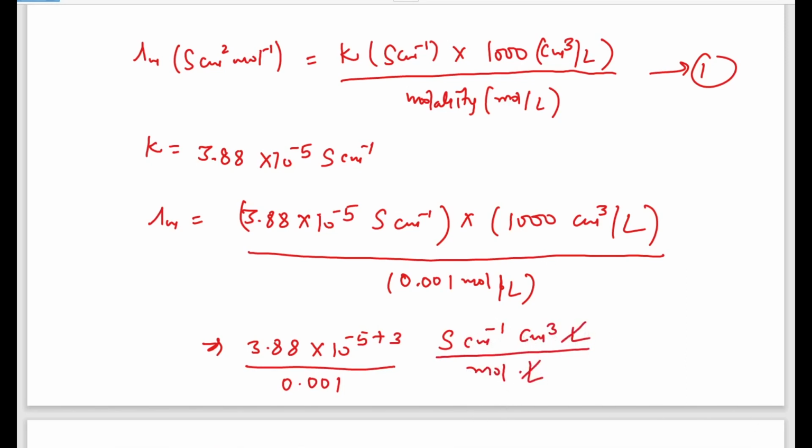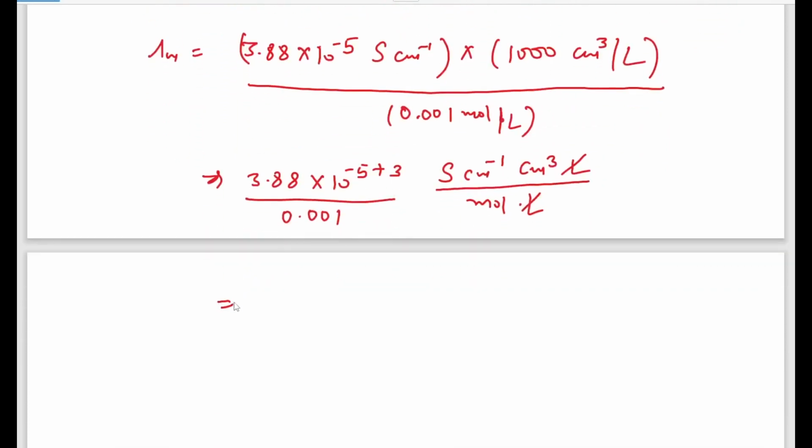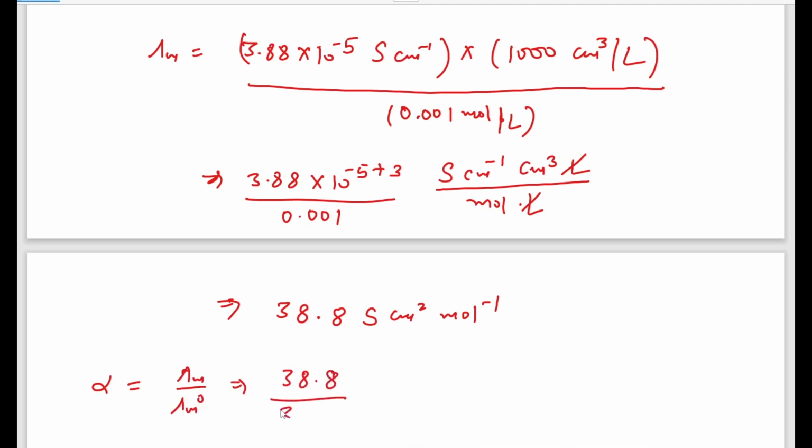So we are left with 38.8 S cm² mol⁻¹. Now we have both values of molar conductivity, at the particular concentration and at infinite dilution. Now we can find the degree of dissociation, that will be lambda m over lambda m naught, which is 38.8 divided by 388, and this will be 0.1.